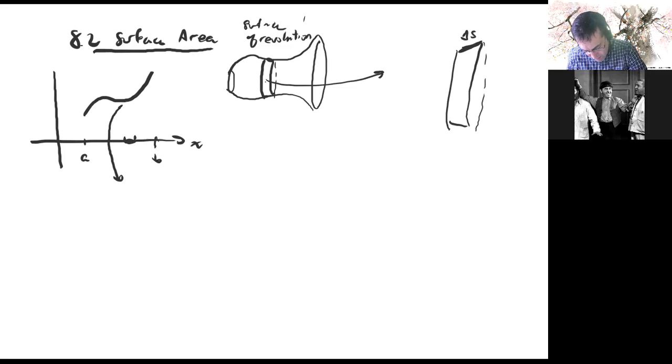Now, if we want to calculate the area of this little piece of surface, we need to know how to do that. Well, it's given as follows.